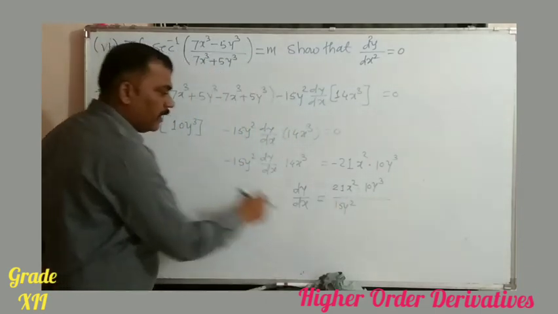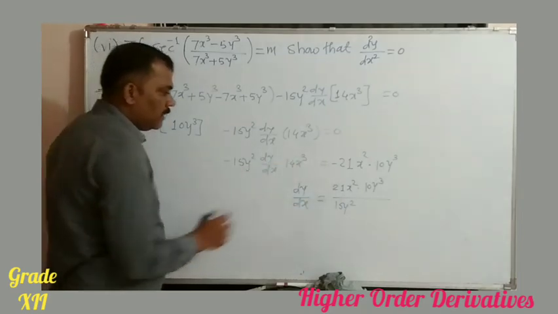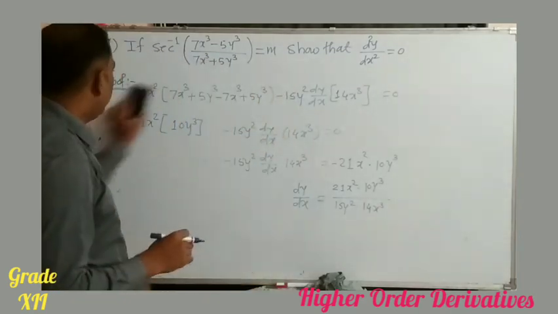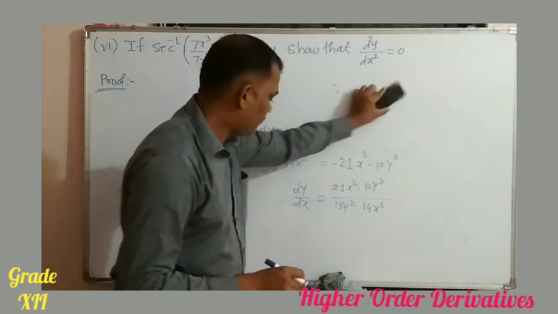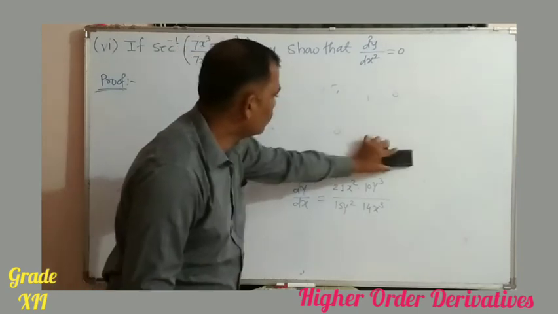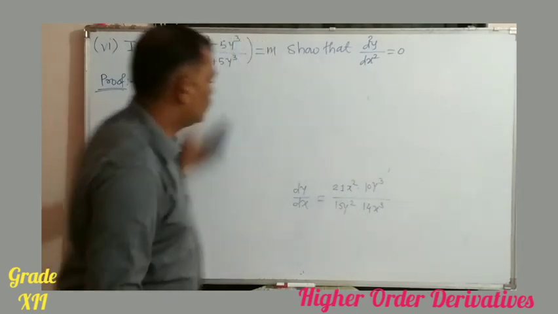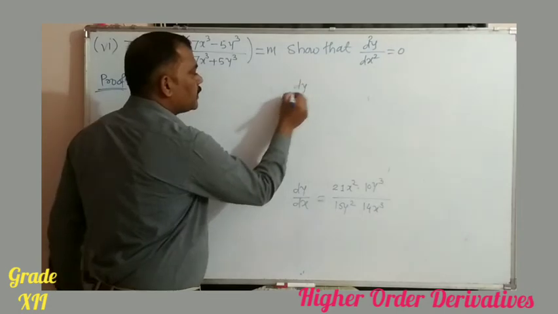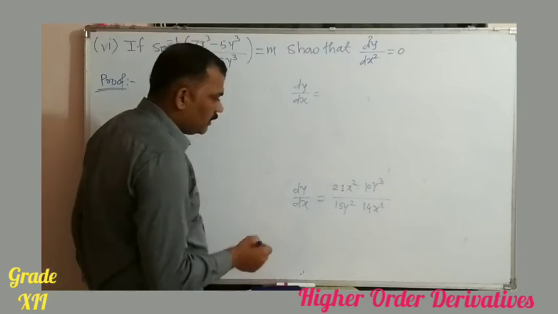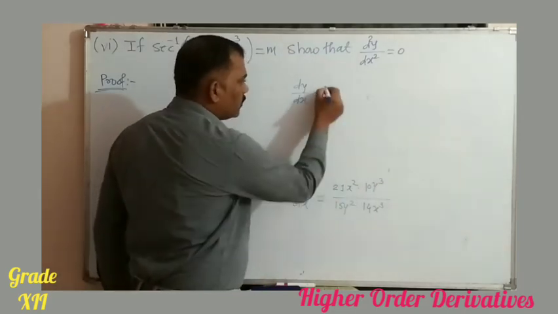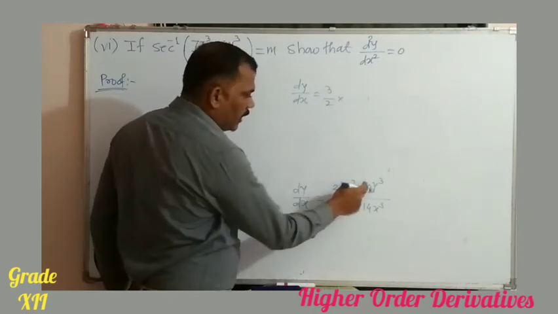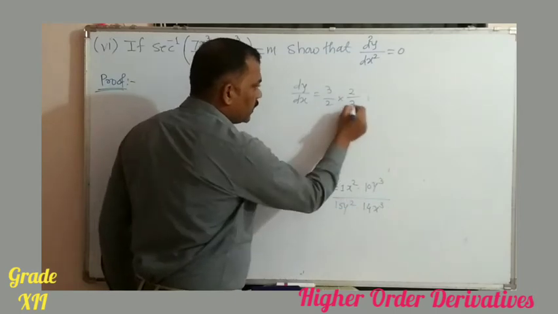On this side, it must be divided by 14x cube, so what we get is dy by dx is equal to, see here, 7 3s are 21, 7 2s are 14, and 5 2s are 10, 5 3s are 15.